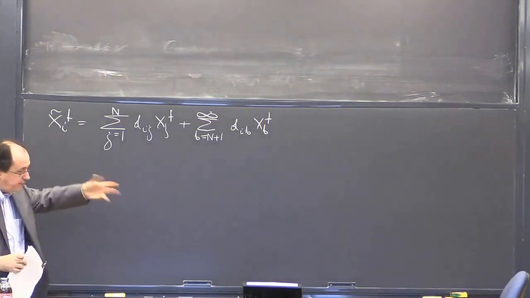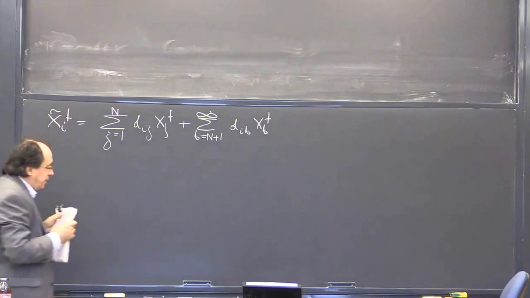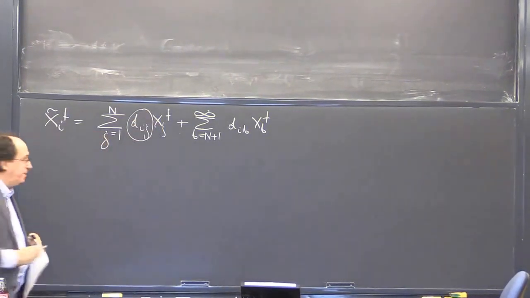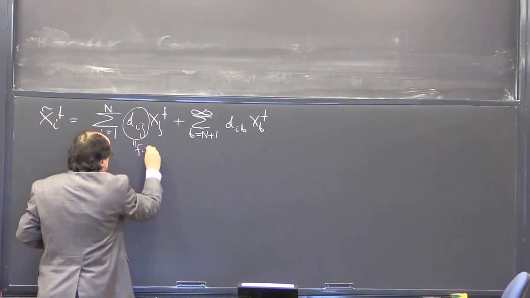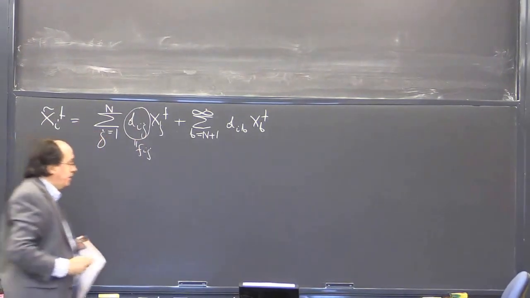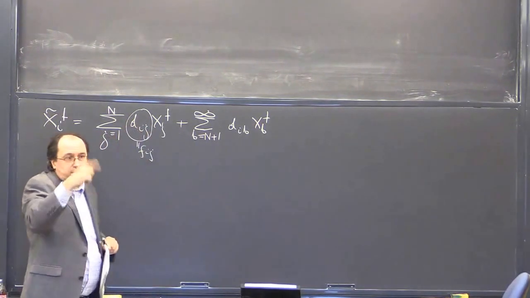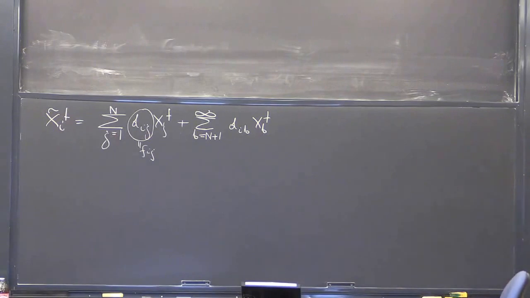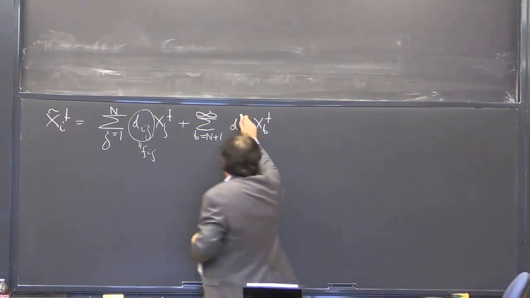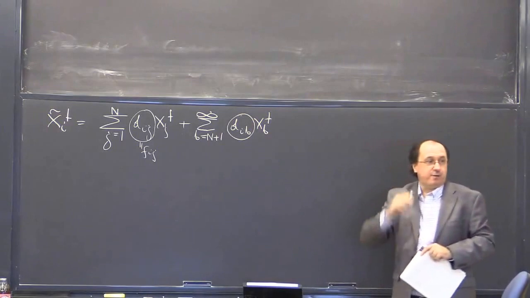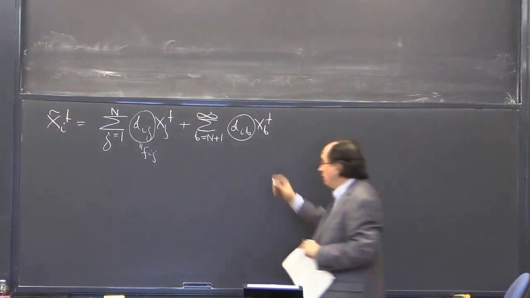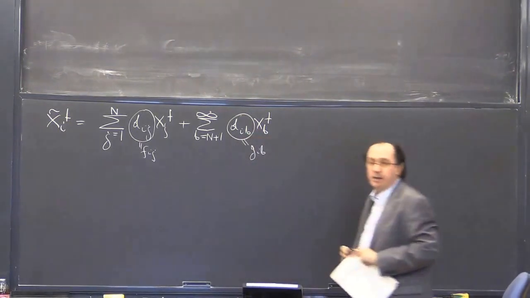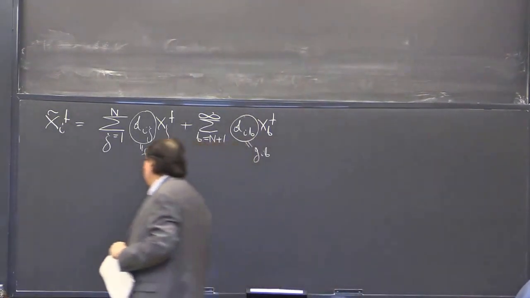Since I'll be doing more manipulations, I will introduce a new notation where coefficients dij will be called fij. Okay, the coefficients that are responsible for the transformation within the occupied block of spin orbitals will be called f's, and the coefficients that are responsible for the transformation from the occupied to unoccupied spin orbitals, I'll call them g's. So g I b here. Let me rewrite this.